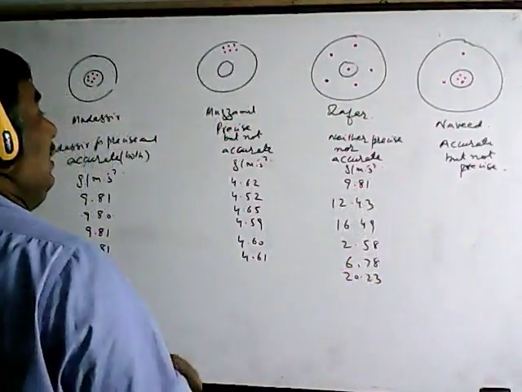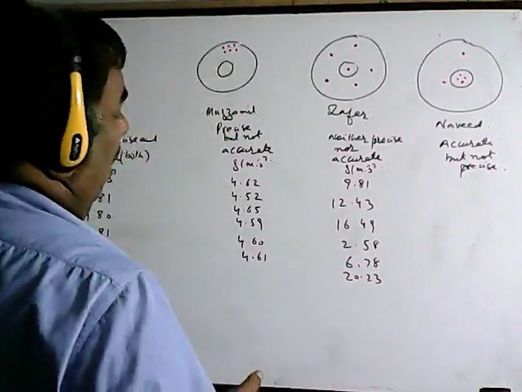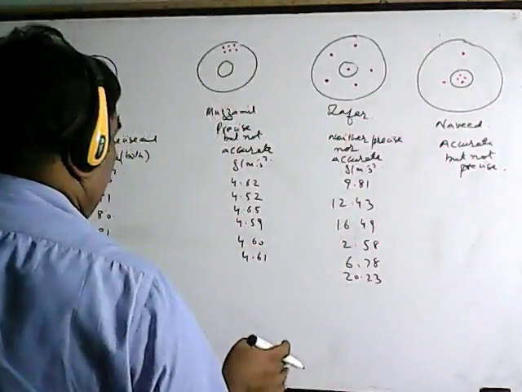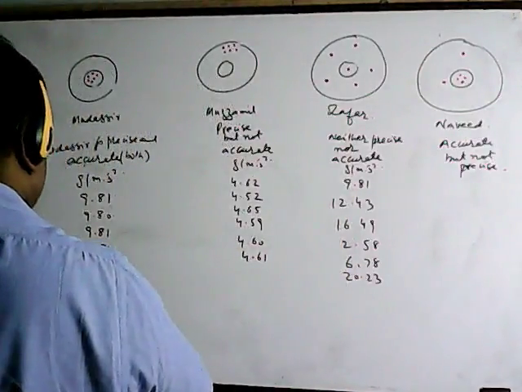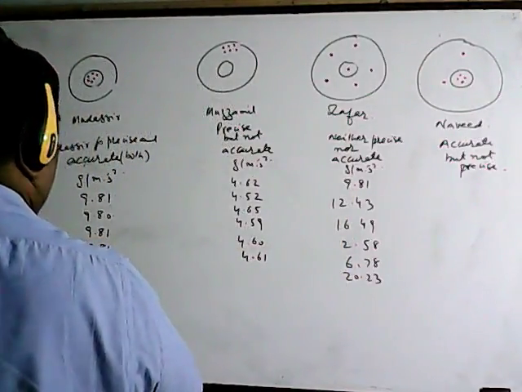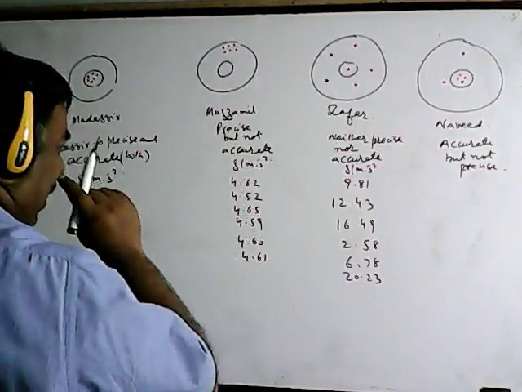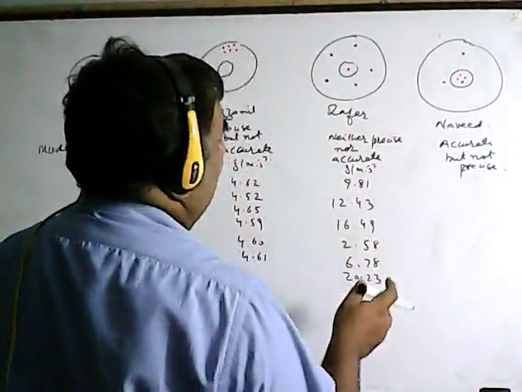So you can see he is neither precise nor accurate, because if you take the average it will not come as 9.81. This average will not be the accurate value.